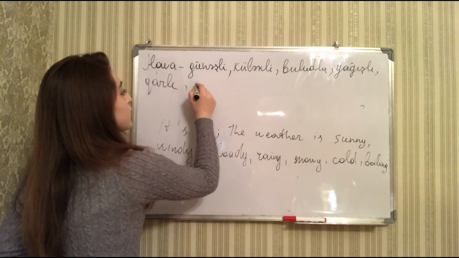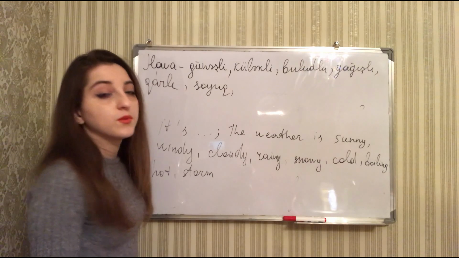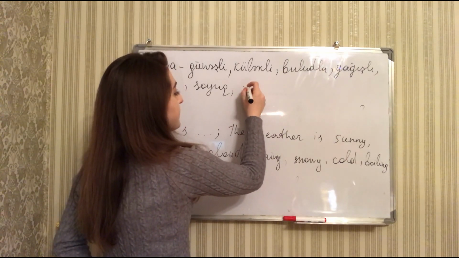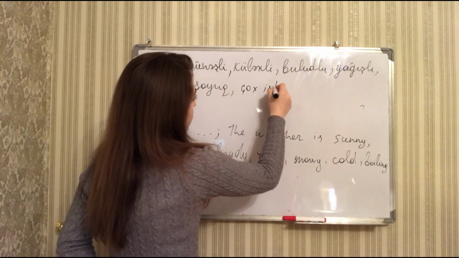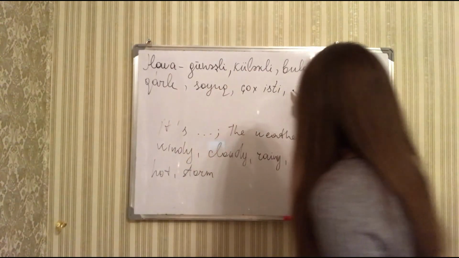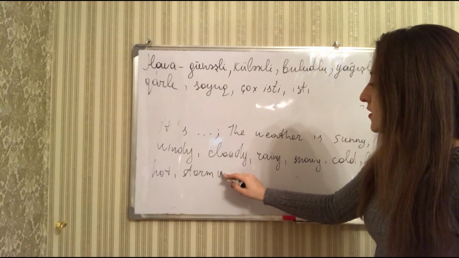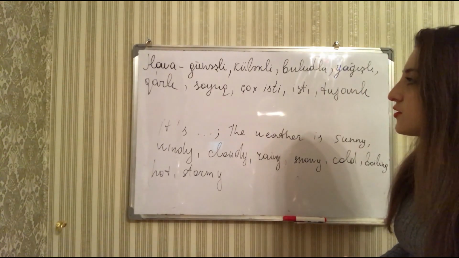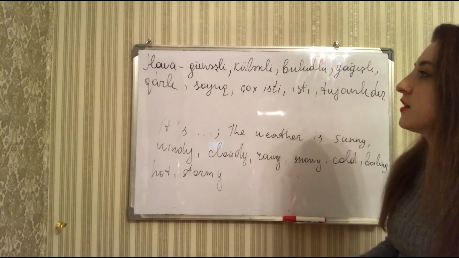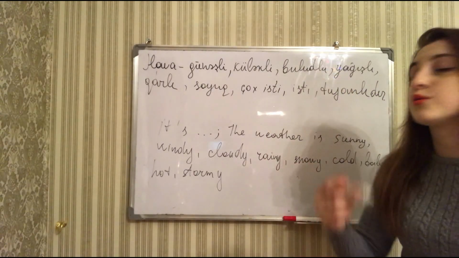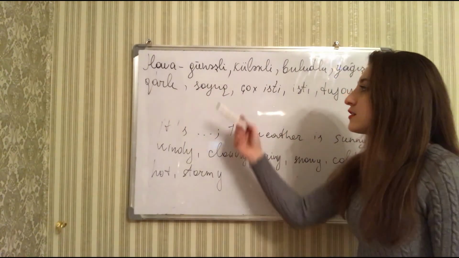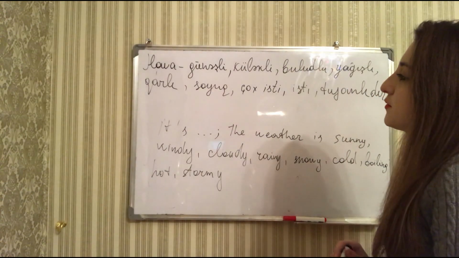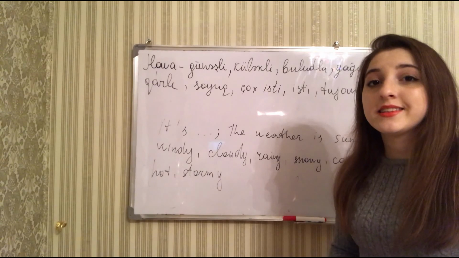Okay, cold, soyuq. Boiling, very hot. It means very hot. Çox isti. Hot, isti. Stormy, tufanlı. Okay, so hava güneşlidir, küləklidir, bulutludur, yağışlıdır, qarlıdır, soyuqdur, çox istidir, tufanlıdır. Okay, and they are words about weather in Azerbaijani language.